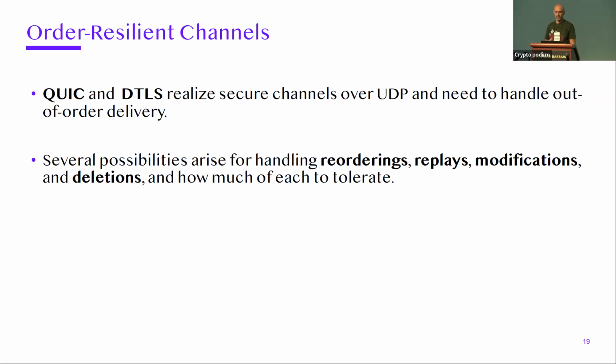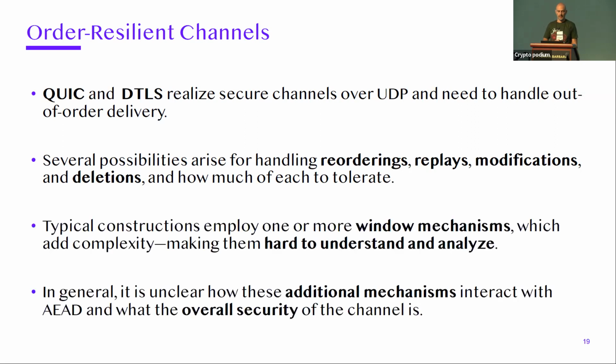And in general, with constructing such channels, there are several possibilities for how to handle reorderings, replays, modifications, and deletions of ciphertext, and how much of each can be tolerated. And typical constructions employ one or more window mechanisms, which typically add to the complexity of the channel description, which makes them hard to analyze and understand. In general, it is often unclear how these additional mechanisms interact with the AEAD scheme, and what is the resulting overall security of the channel.